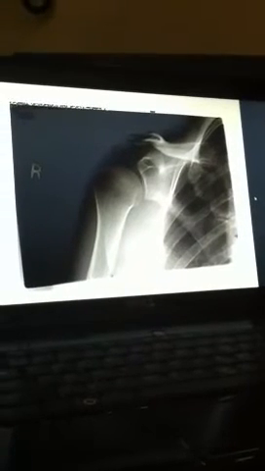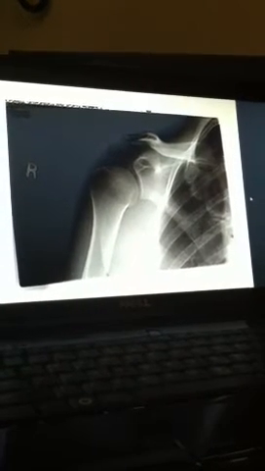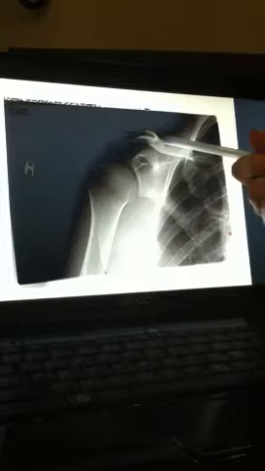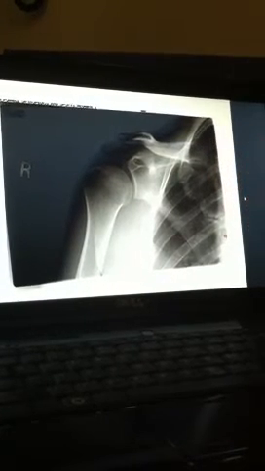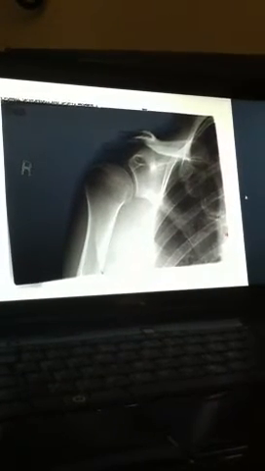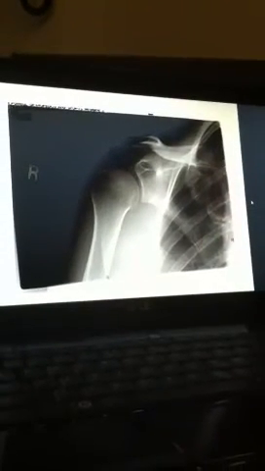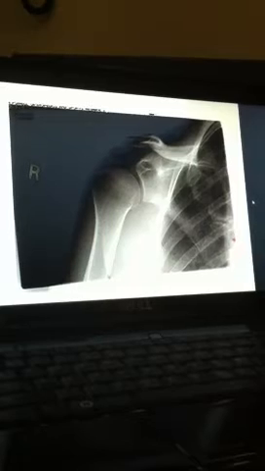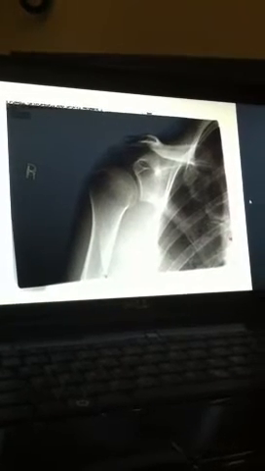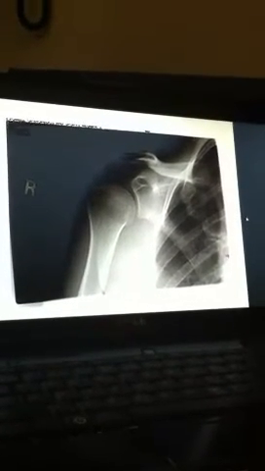Next, we're going to move on to the shoulder. So what is this? It is the clavicle. What's that? Process of the scapula. It would be the acromion process.